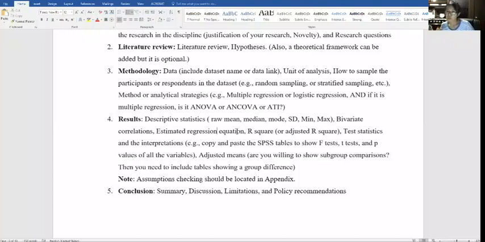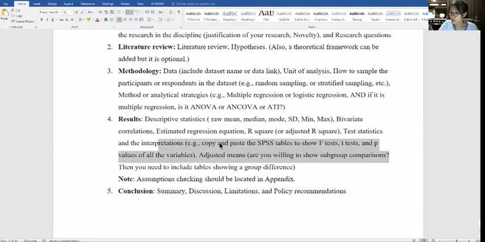If you use a dichotomous outcome variable, you're going to run logistic regression. And when you have regression, you're going to report R-square, this means adjusted R-square, okay? Adjusted R-square, and test values, F-test value and t-test.